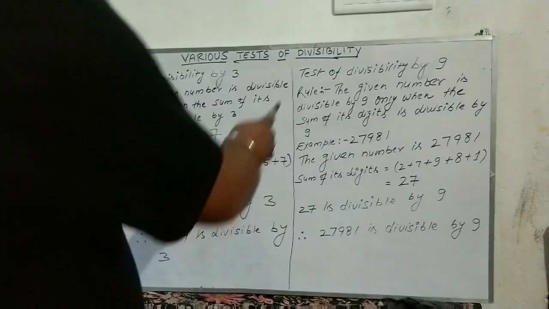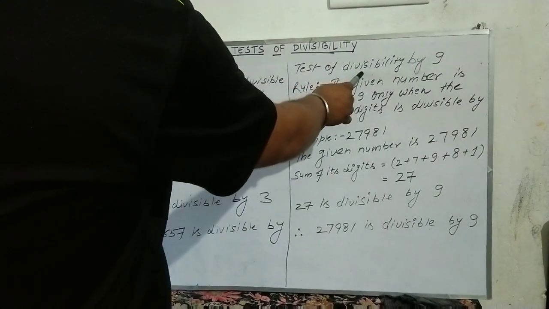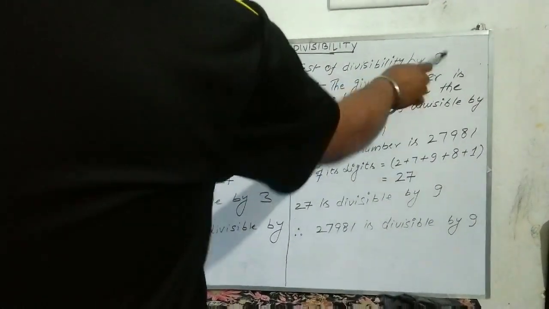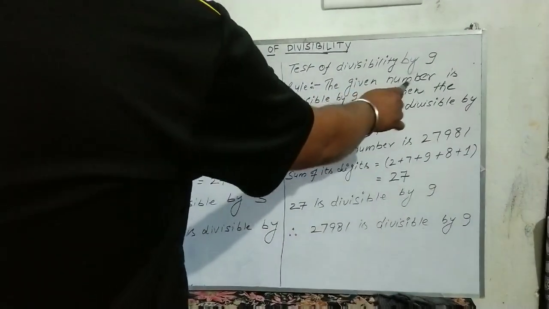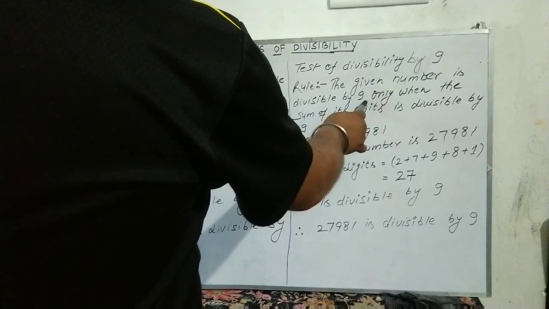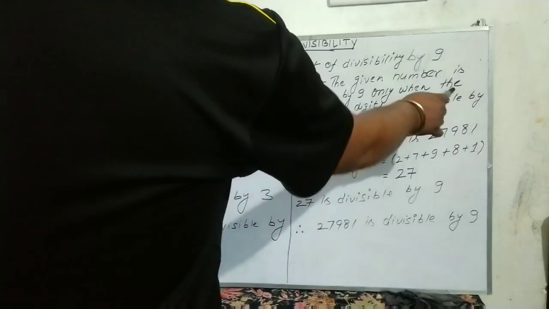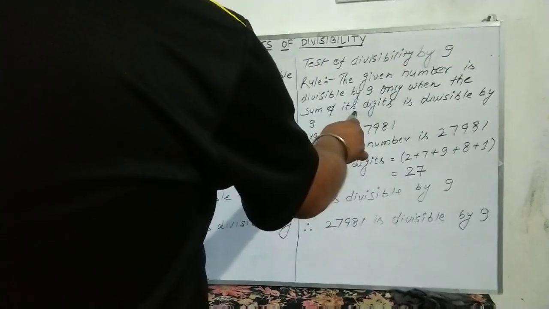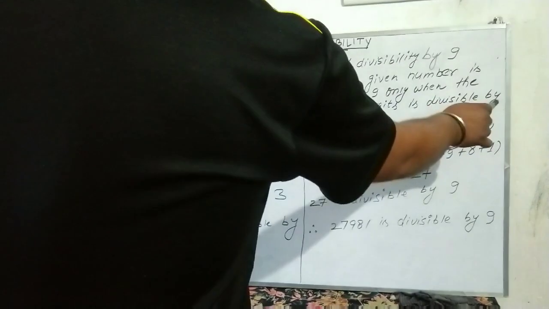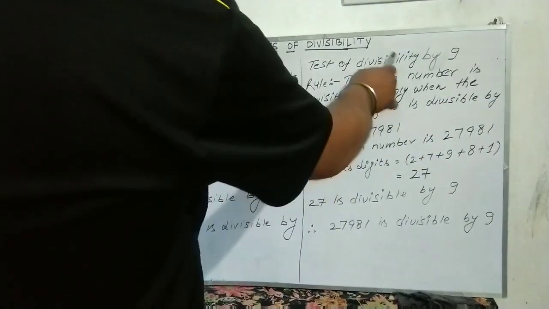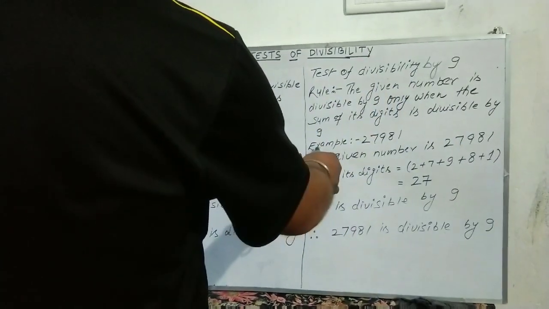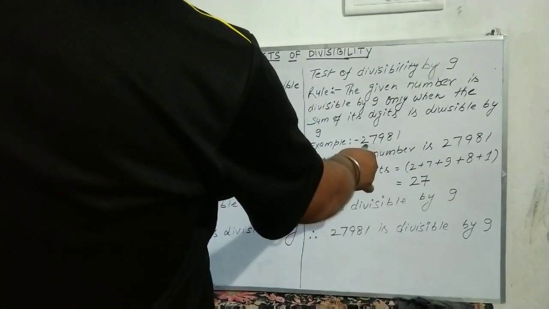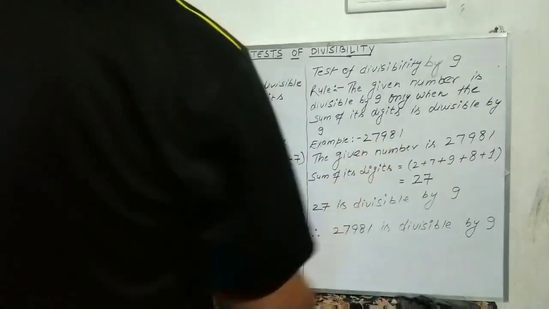Next is the test of divisibility by 9. Rule: the given number is divisible by 9 only when the sum of its digits is divisible by 9. To understand this rule, we will take an example. We will take the number 27,981.